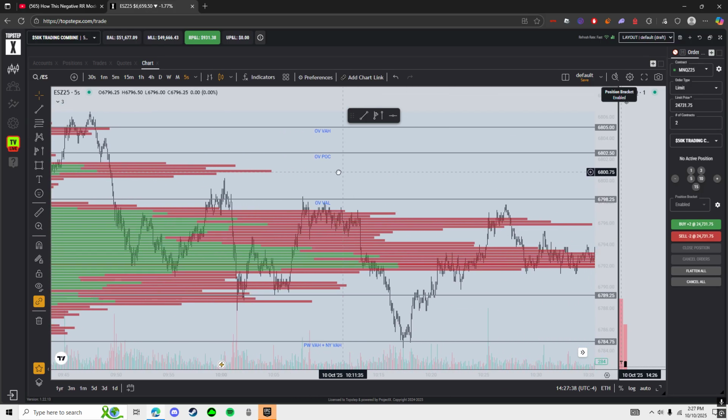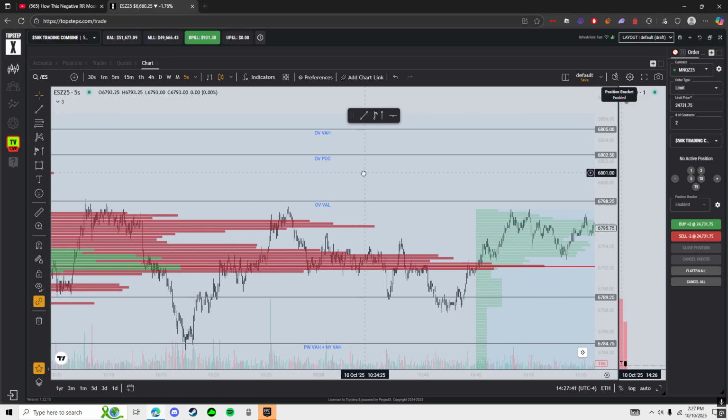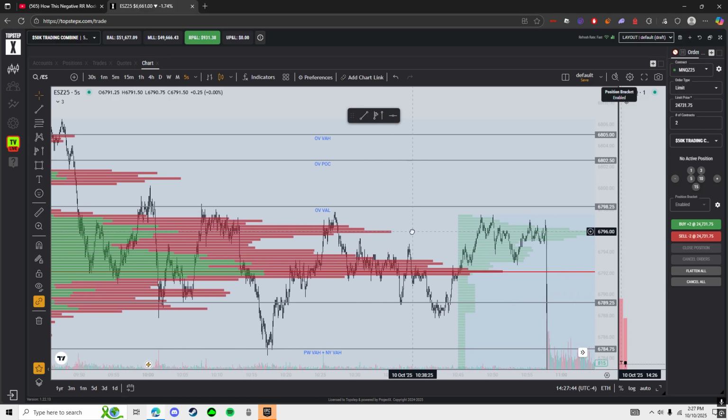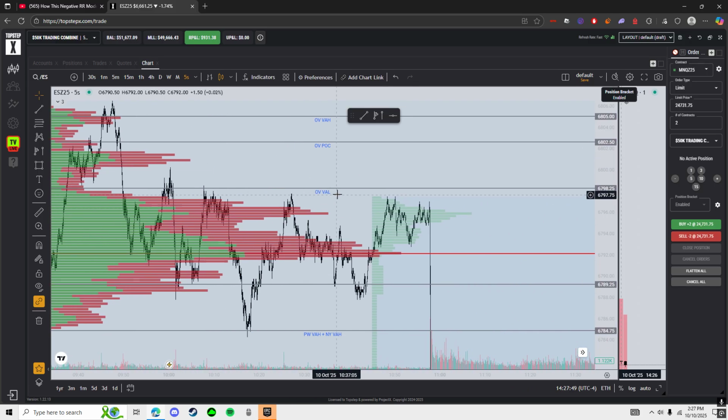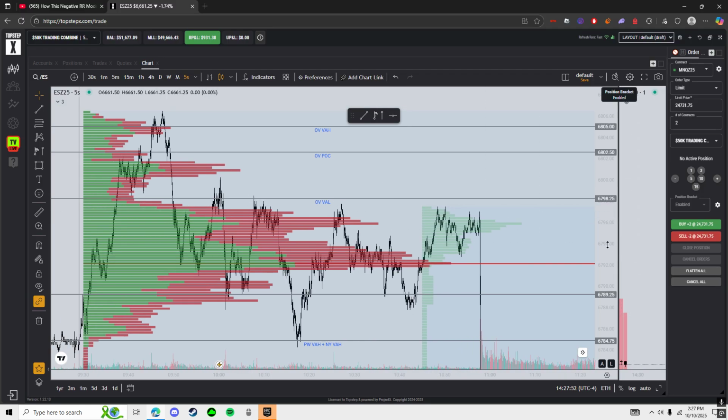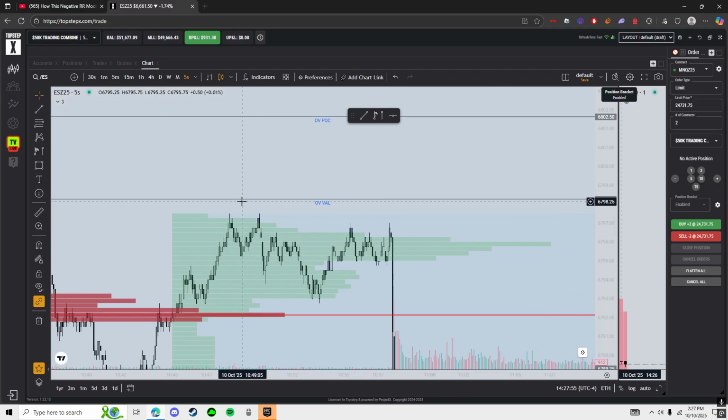But we didn't get that, and we tested it again, and I was like, alright, we failed it, so I'm just going to move my take profit to the value area high of this current session, which was right here. Price came up, tested it. I've been getting one tick off for my TP literally every single day, and so I was like, alright, bro, I'm just going to move my take profit to here, and if I get filled and miss out on one tick, so be it, but I am not going to get tickled again by this one tick.